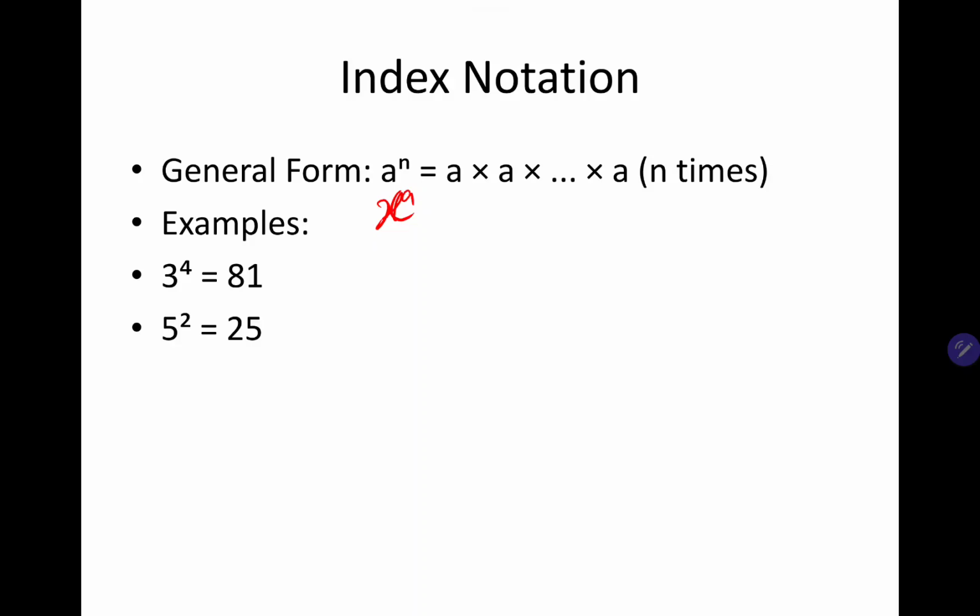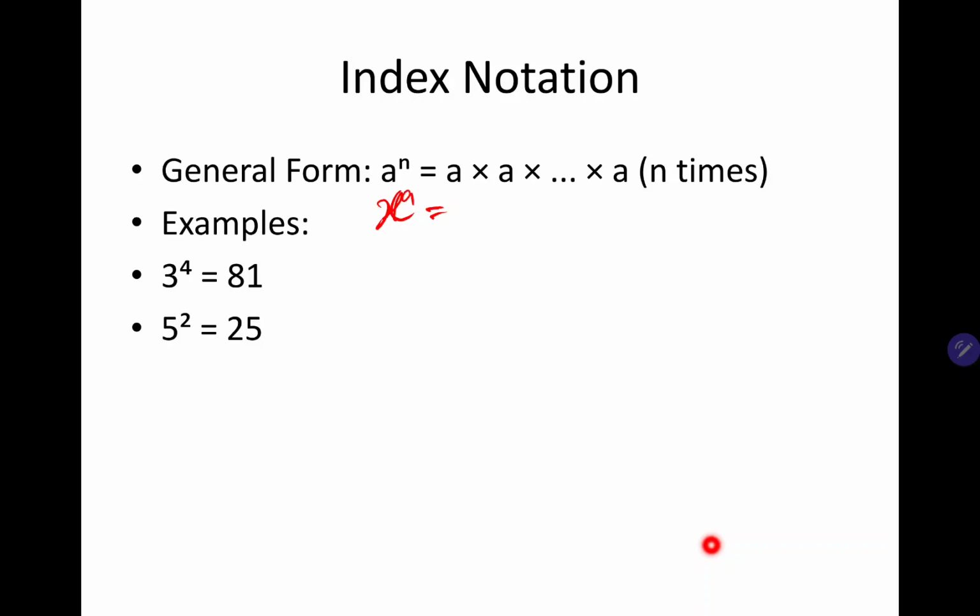Here a is the base, n is the index or exponent; here x is the base and a is the exponent. So this is telling us that you multiply a by itself n number of times, or you multiply x by itself a number of times.